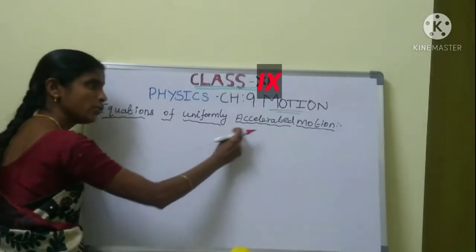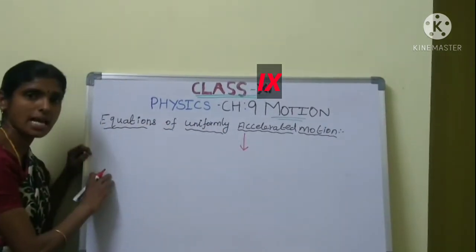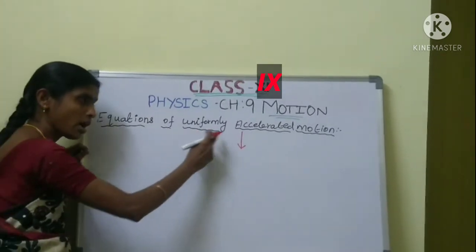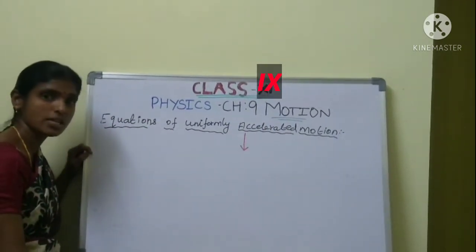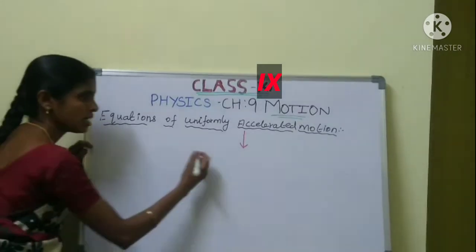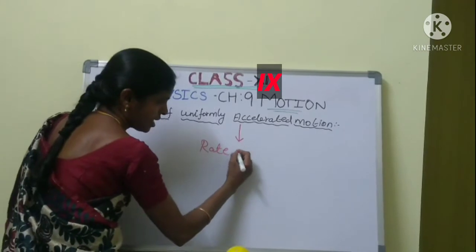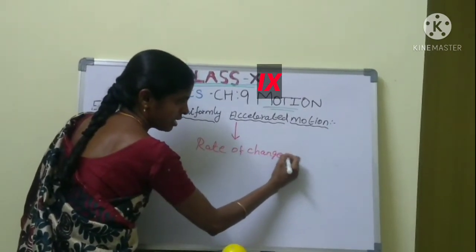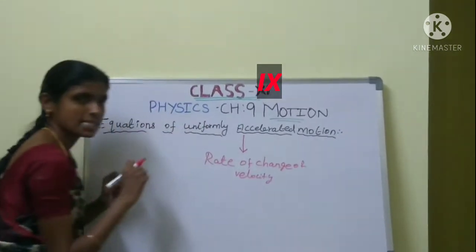What is meant by uniformly accelerated motion? Already we know very well. What is meant by acceleration? The rate of change of velocity is called acceleration.